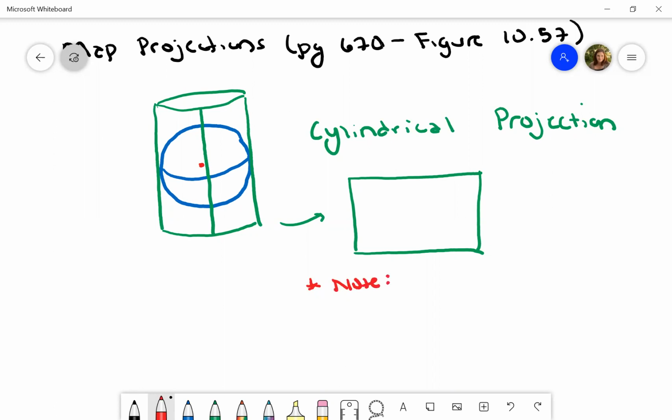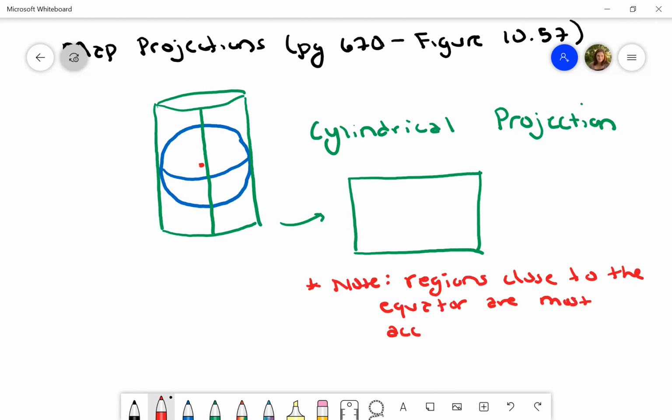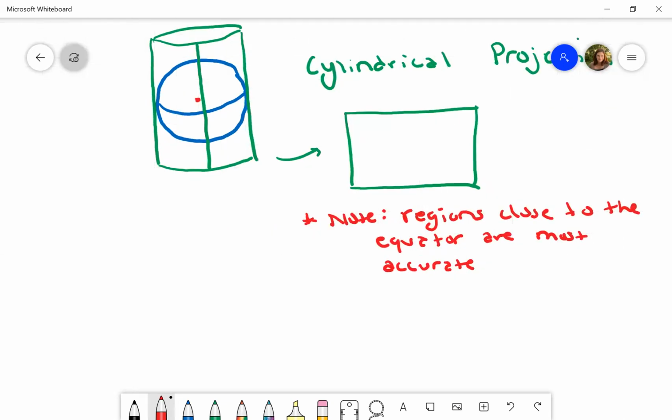Note: regions close to the equator are most accurate. And closer to the poles, it is most distorted.